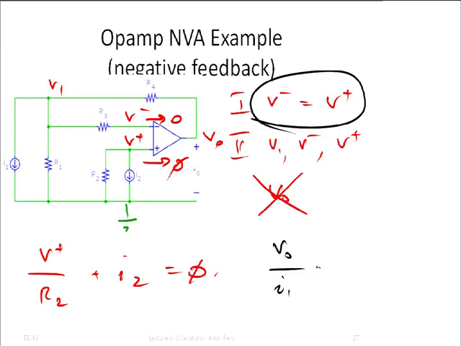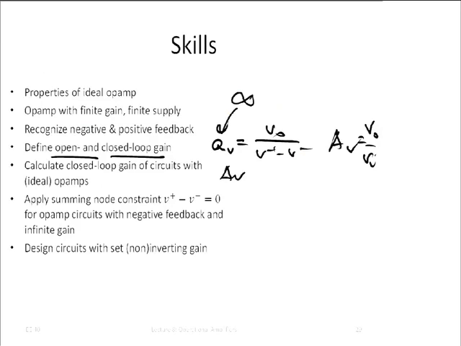So you should be able to calculate this gain using any kind of analysis. Very often it's sufficient to use the summing node constraint, and it's fairly trivial to write a couple of equations and solve. If it's not so trivial, you know how to use node voltage analysis, and then you can analyze these circuits like a computer. You can analyze any one of them, no problems. It's just a little bit of work.